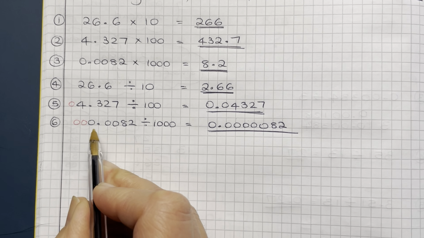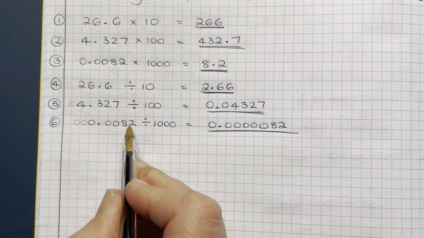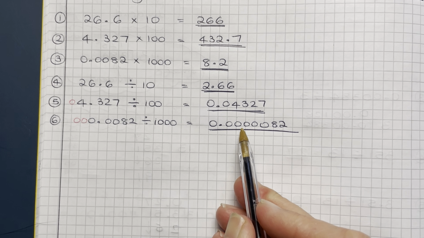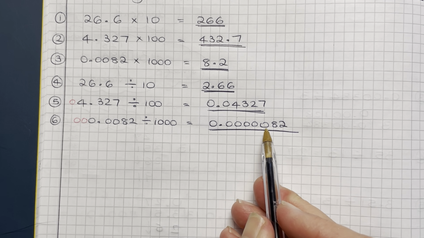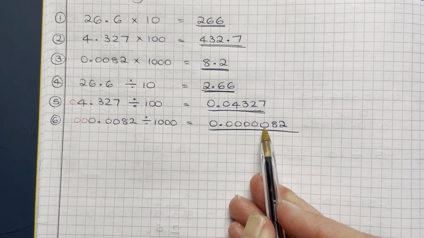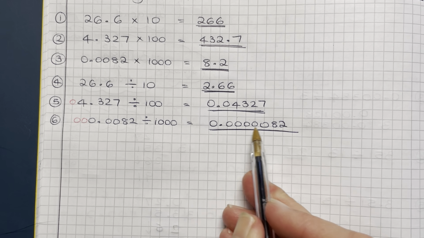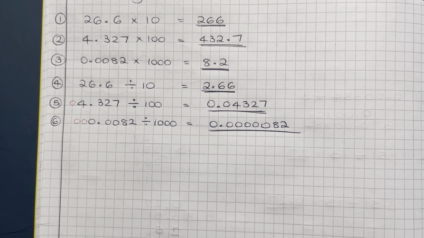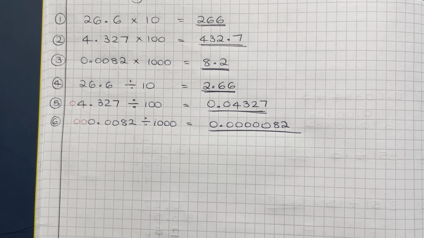So I've started with 0.0082. I've moved 3 to the right. So I started here and moved 3 to the right. And I end up with 0.00000082. So there are 5 zeros after the decimal point.